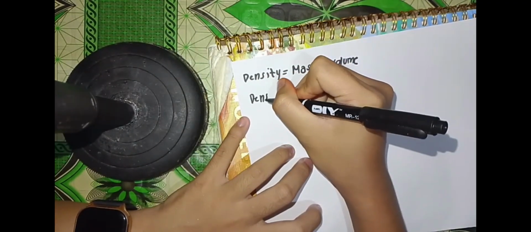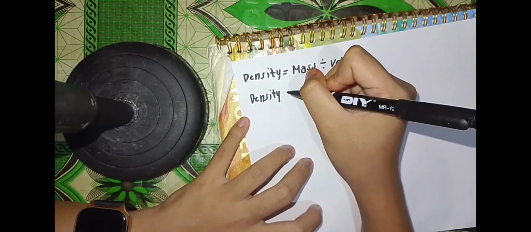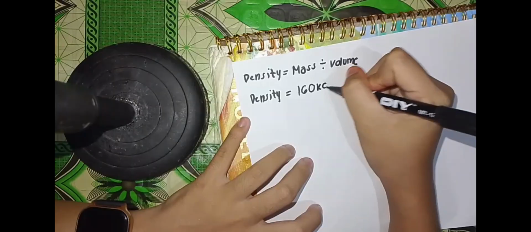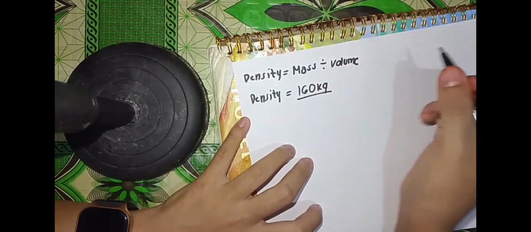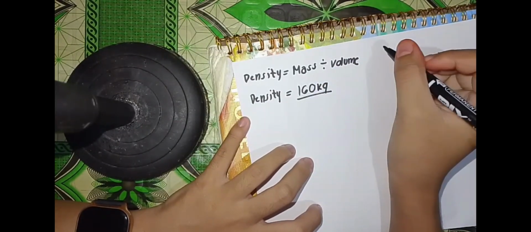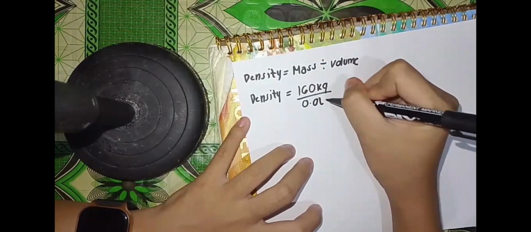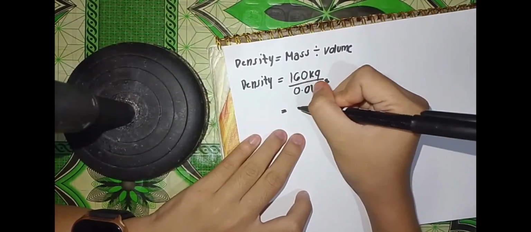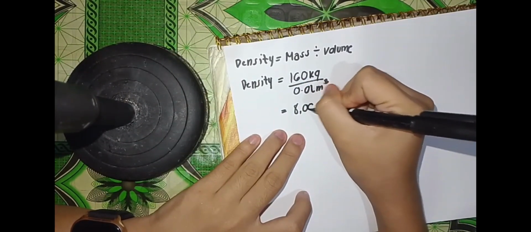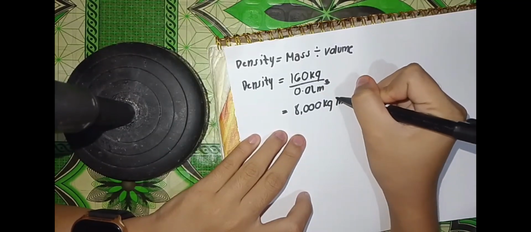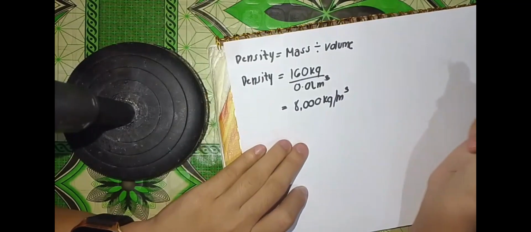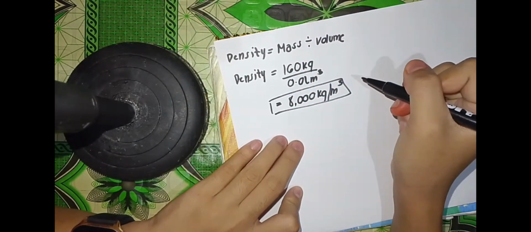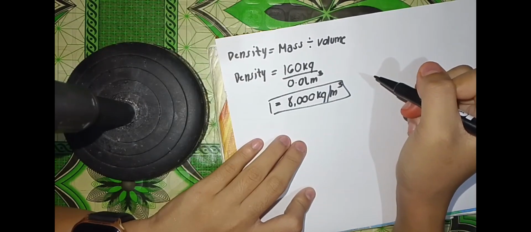Density is equal to the mass of 160 kilograms divided by the volume of 0.02 cubic meters. Now, let's get the final result. It's 8,000 kilograms per cubic meter. So the density of the metal block is 8,000 kilograms per cubic meter.